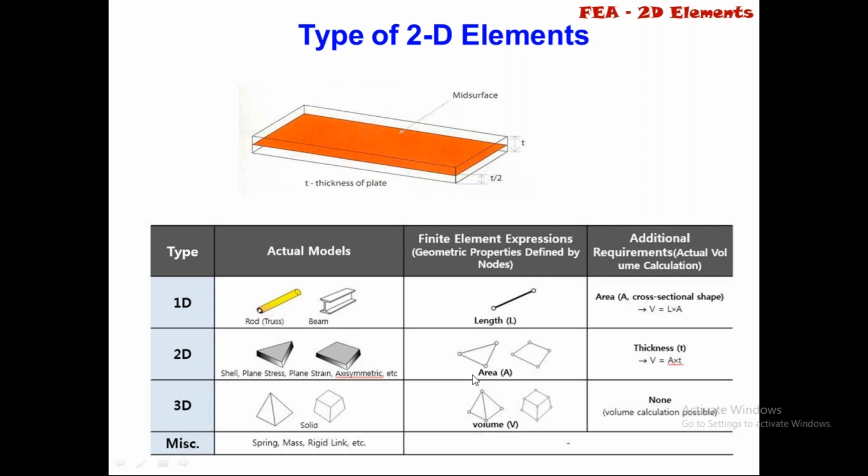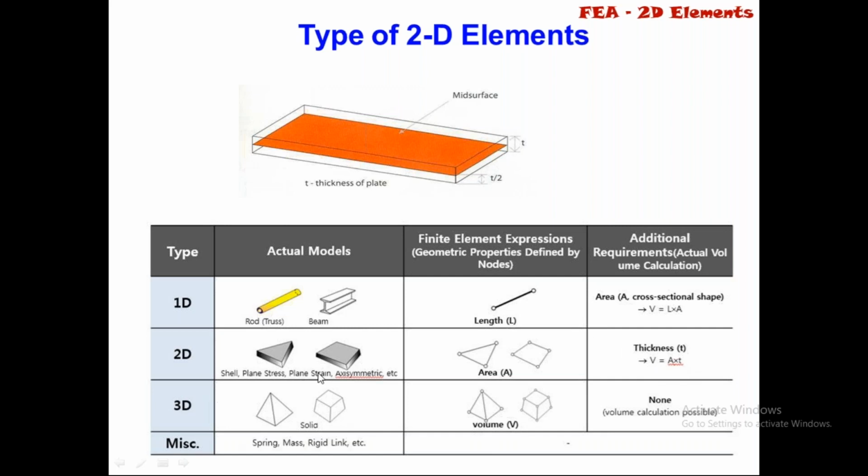This is the graphical representation. Then area times thickness is nothing but the volume of that element. If you take t equal to 0, the volume is 0, but this does not happen. We consider t to be negligible, not exactly zero, but something very small.